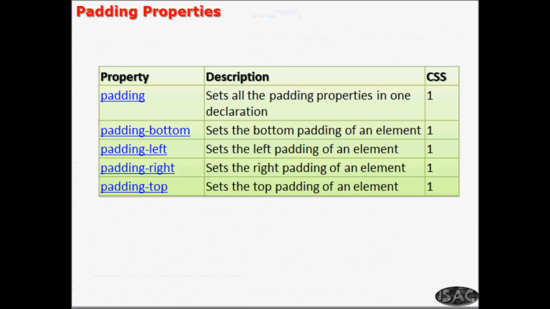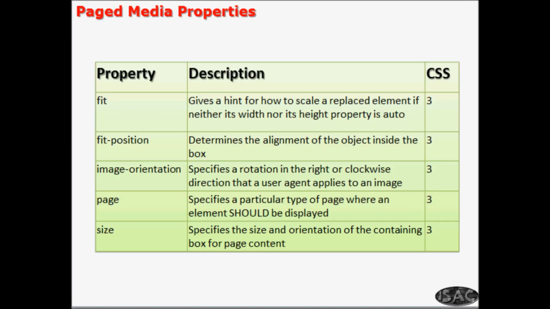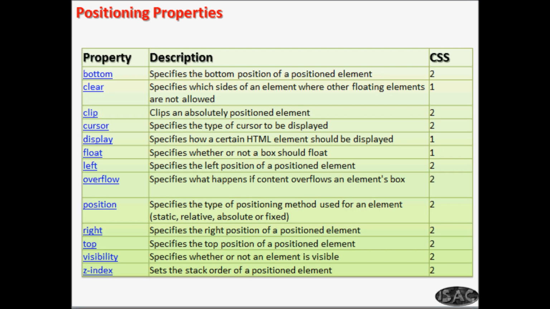so there is some padding related that we already understood in CSS1, and there are some new features like with page media properties, fit, position, image orientation, space, size, and all. So it is not supported by any of the browsers, right?